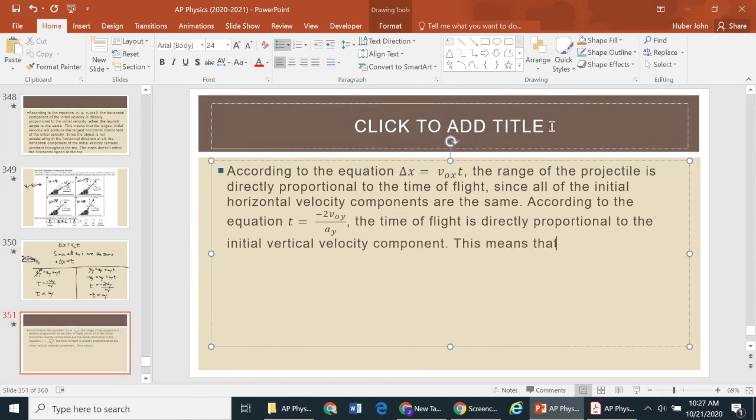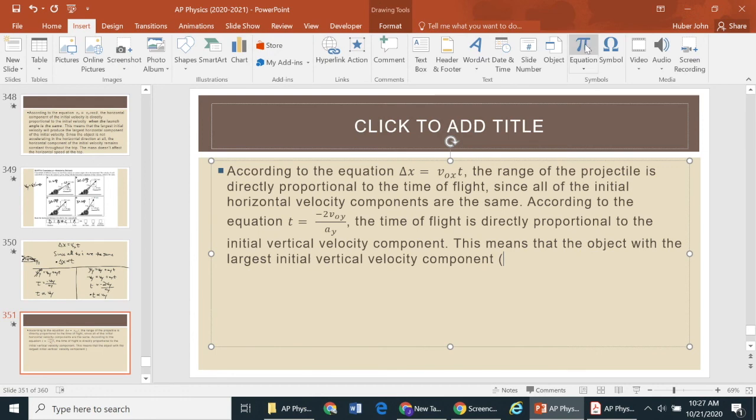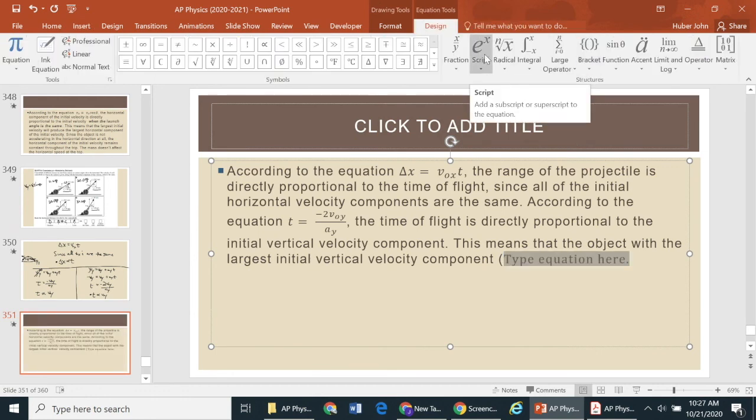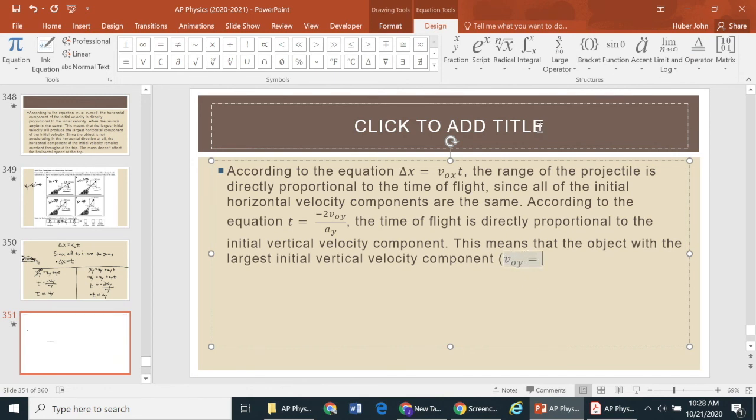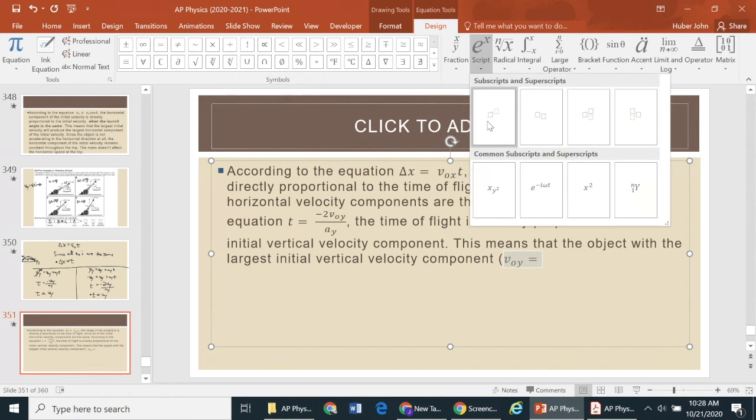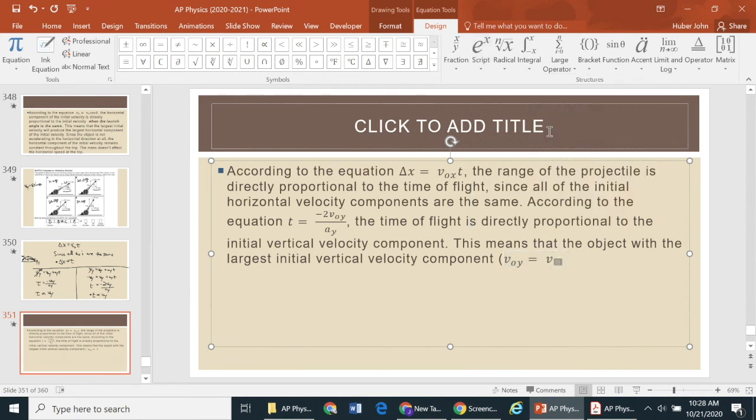This means that the object with the largest initial vertical velocity component, and we'll just write down here, because you actually have to use it. There's no point in going through and explaining that for this problem I did this, and for this example I did this, in terms of the calculations, but we at least should be stating here that there's a calculation here, we did it, and this is what you're supposed to use.